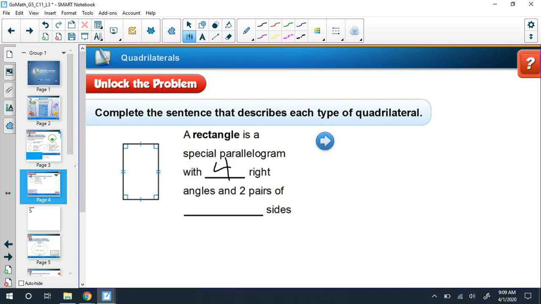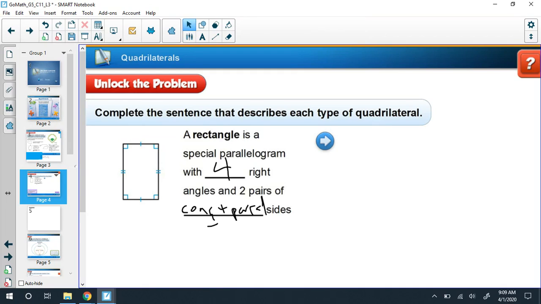So when we look in all of our corners, those are perfect corners. So a rectangle has opposite sides that are congruent, making it a parallelogram, and it has right angles and two pair of congruent and parallel sides.